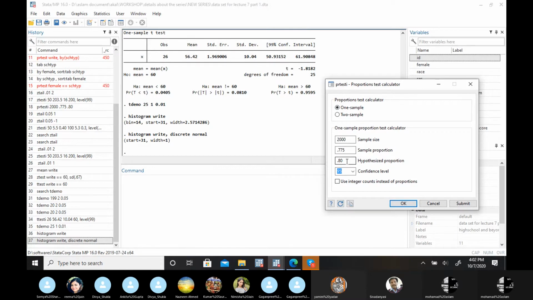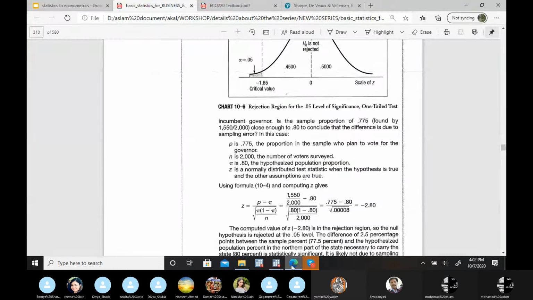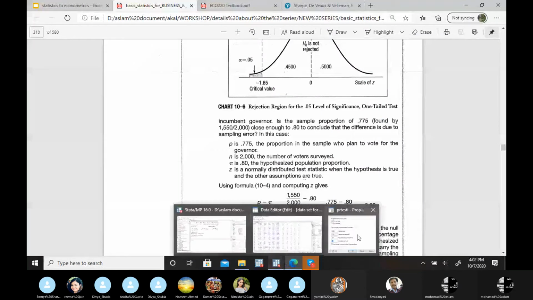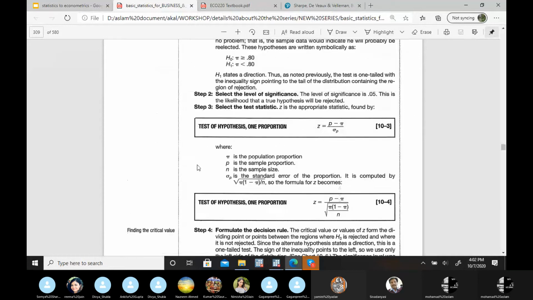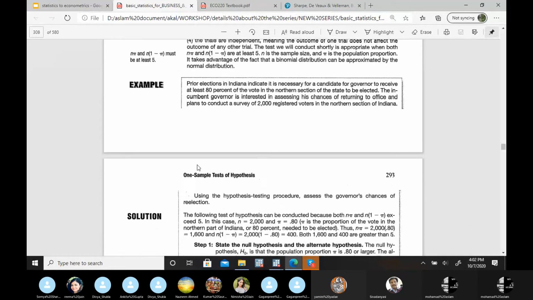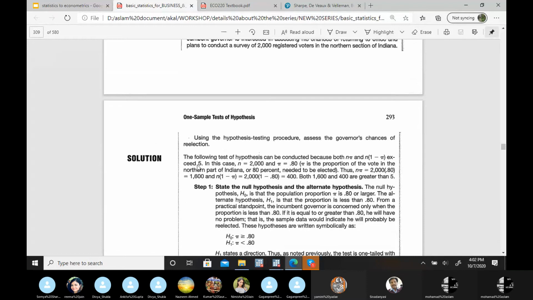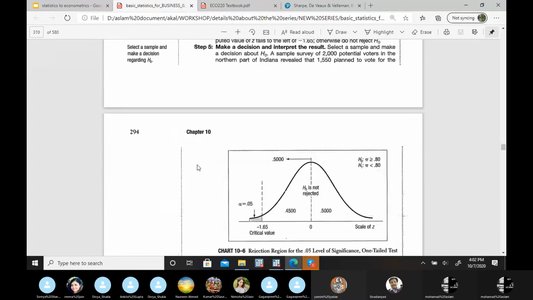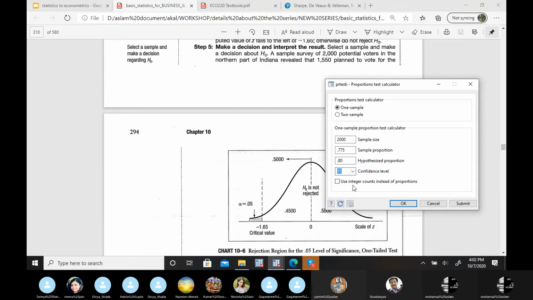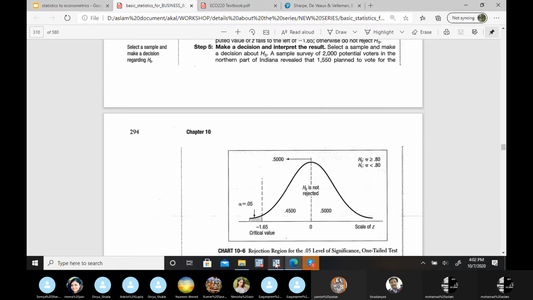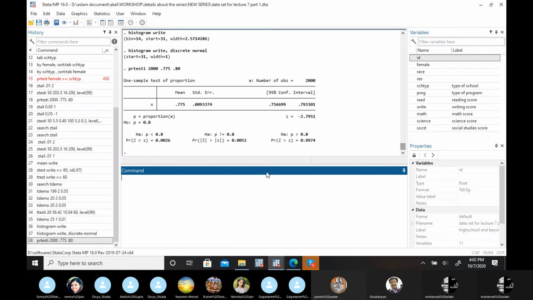The hypothesized proportion is 0.80, as per the situation in this case. And the confidence level, is it given? Here it is not given. So let's suppose we take 5%, but it's a one tail, you have to keep that in mind. So 95% confidence level. If I press OK, let's see what the chances of this particular candidate are.